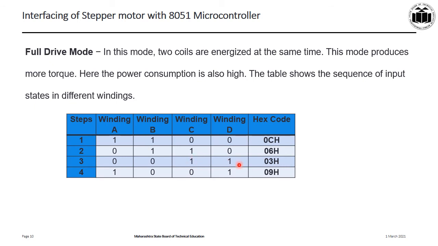Then C, D are energized, and then D and A is energized. And this can be written as a hex code. C639. This is the sequence for clockwise rotation of stepper motor. Reversed, it will give anti-clockwise rotation.